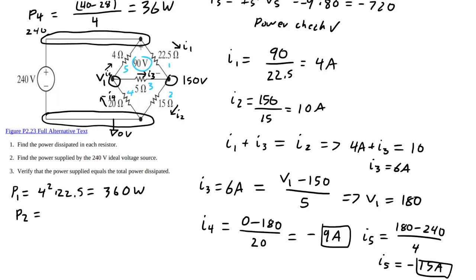P2, we have 10 amps times 15 ohms. So that's 1500, I think. 100 times, yeah, 1500. P3, we have 6 amps times 5 ohms, 36 times 5 is 150, I think. 36 times 5, 180.